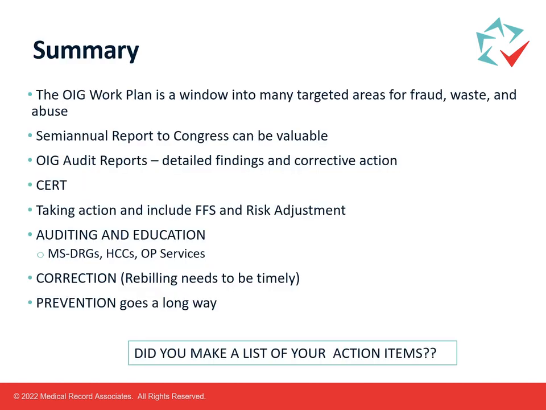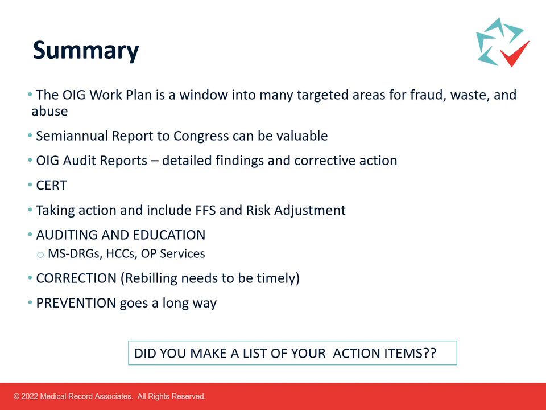So in summary, I want to say that the OIG work plan is really a window into many targeted areas for fraud, waste, and abuse. There is the semi-annual report to Congress, which you can utilize as well, and it can be valuable. The OIG work plans, as I mentioned, are really a great way to see the detailed findings and their corrective action.